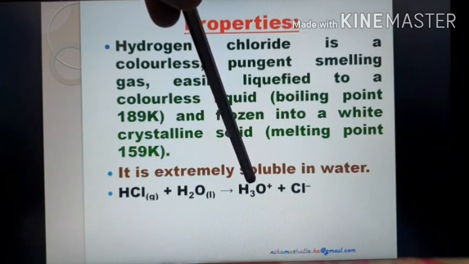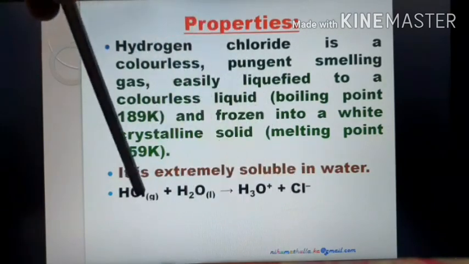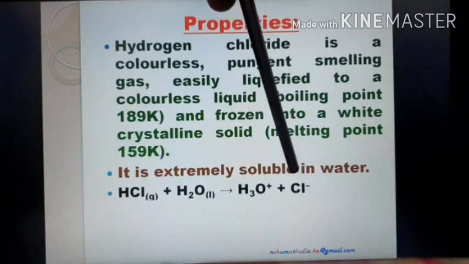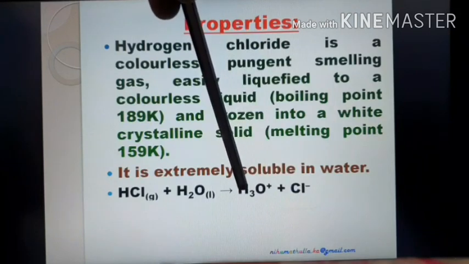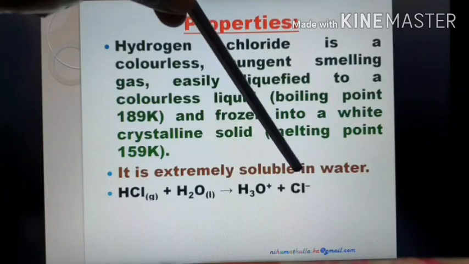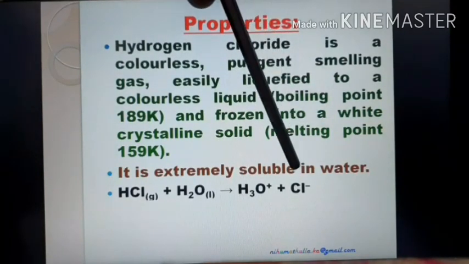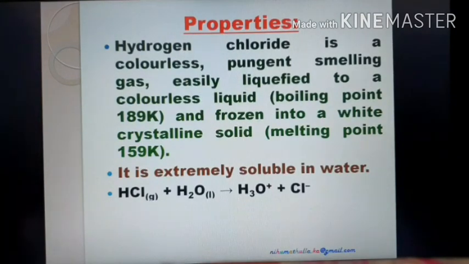This is actually an equilibrium reaction. In the reverse reaction, Cl minus accepts a proton, so it is the Lowry-Bronsted base and H3O plus is the acid. Under ionic equilibrium, we call these the conjugate acid and conjugate base: an acid, a base, a conjugate base and a conjugate acid.